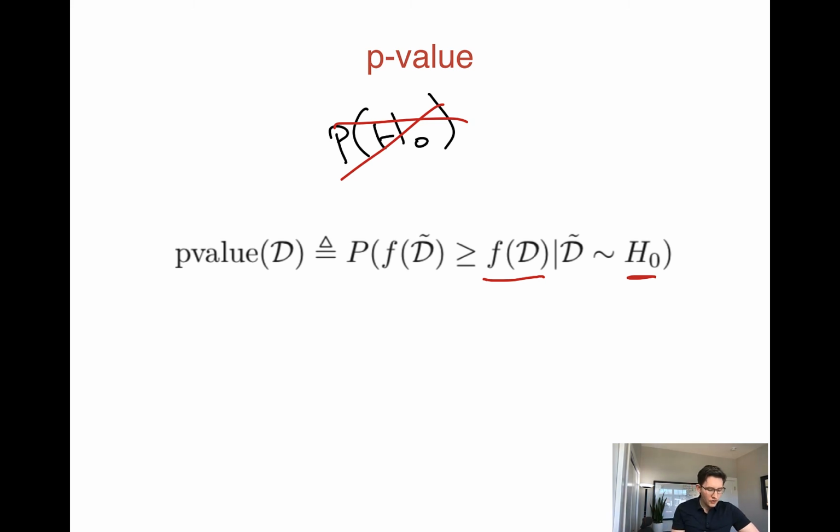So a p-value is the probability that we observe a test statistic greater than the one that we actually observed, assuming that our data was drawn from the null hypothesis. Now again, p-values only really make sense in the context of frequentist statistics, because a Bayesian would just write what is the probability of H0.